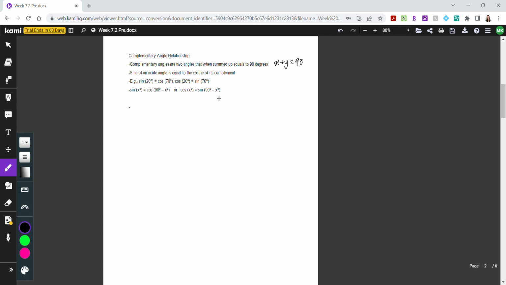So let's look at how the sine of an acute angle equals the cosine of its complement. We have triangle P, Q, R with sides 3, 4, and 5. Let's take sine P equals cos R, because we know 90 is the hypotenuse.